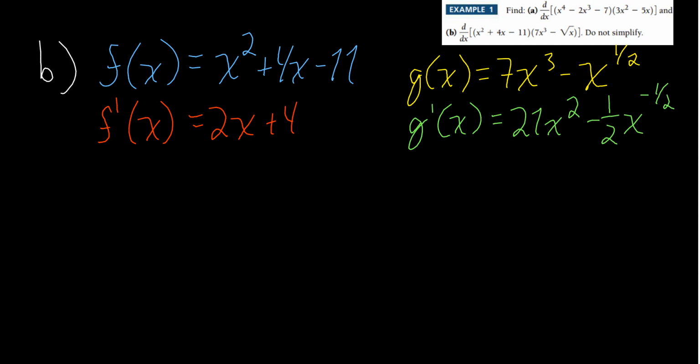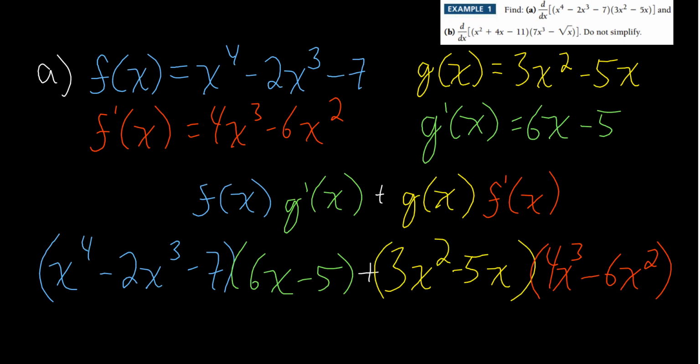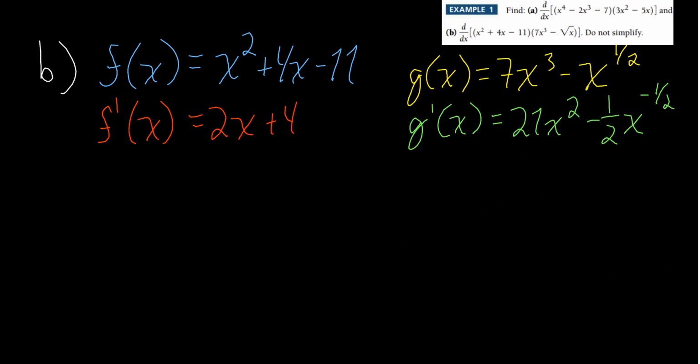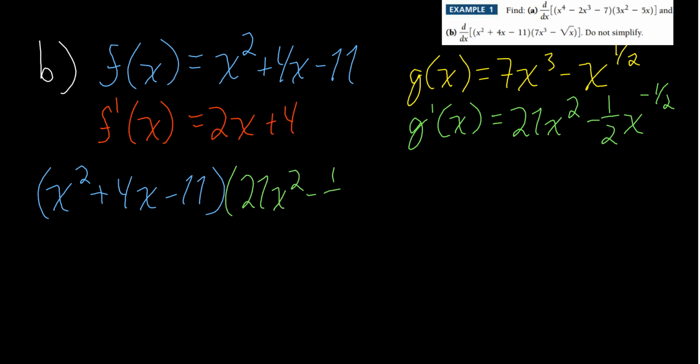Okay, so I'm not going to write this again, I'm just going to follow off of, you know, first times derivative of the second plus the second times the derivative of the first. So we say the first times the derivative of the second plus the second, oh, am I going to run out of room?